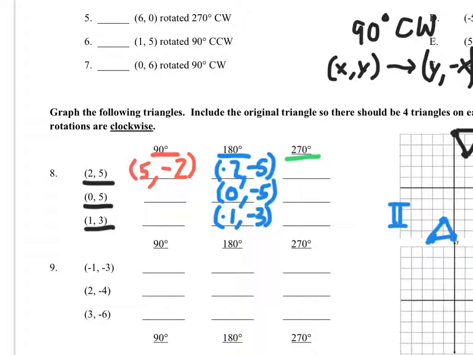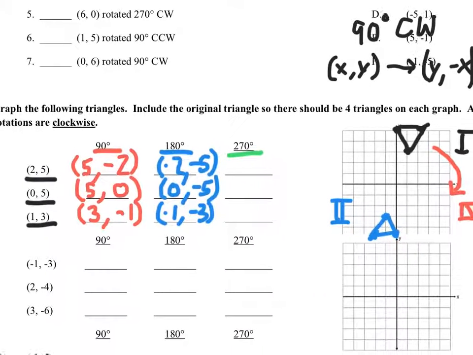For the second point, 0, 5, our new x value needs to be what our old y value was, so that's 5 again. And our new y value needs to be the opposite of our old x value, and the opposite of 0 is still 0. And finally, for 1, 3, our new x value needs to be what our old y value was, which is 3. And our new y value needs to be the opposite of our old x value, which will be negative 1.